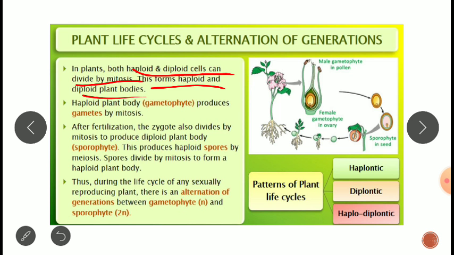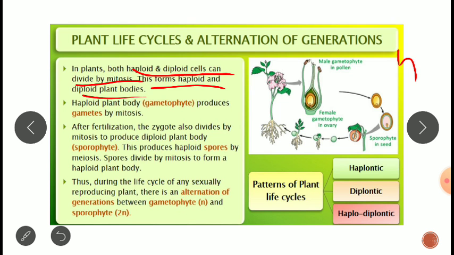For that, you need to understand the types of cell division, that is mitosis and meiosis. When I say meiosis, it is a type of reproductive division wherein the number of chromosomes is going to divide into half. That is, it is going to form the n number.